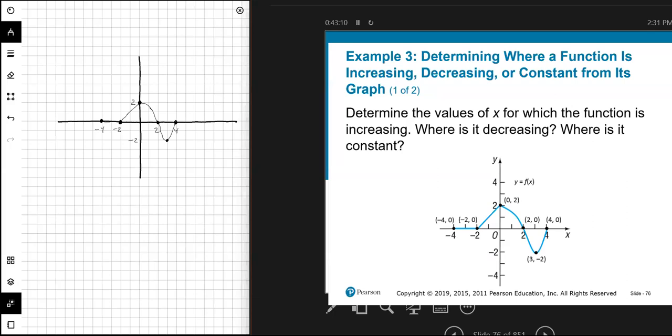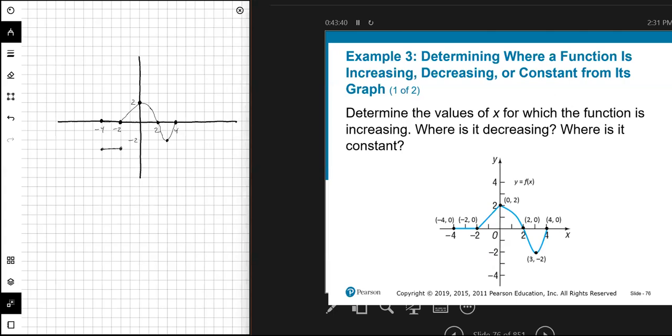Now, to determine for what values of x the function is increasing, where it is decreasing, where it is constant, I just look at my graph, and I look at my intervals. So from -4 to -2, it's all one value.